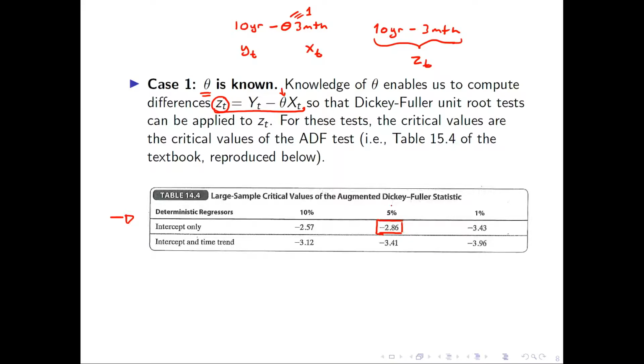If it's not, then you would assume that this difference, this zt, is non-stationary. If this ADF statistic is more negative than this critical value, then you would assume that the difference is stationary.